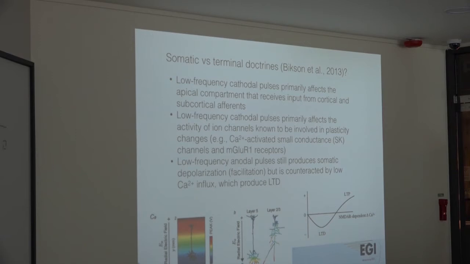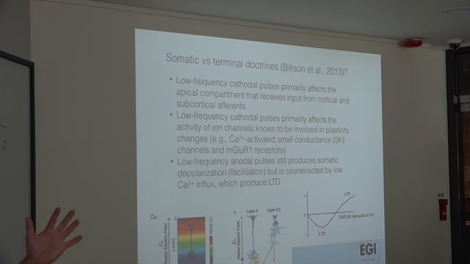The somatic doctrine really says that the net effect of tDCS depends on what the polarity is, whether it's hyperpolarized or depolarized at the body of the cell. Okay, that's that model I showed you at first. Anodal, excitatory, cathodal, inhibitory. It's because when you measure it across the cell, that's consistent with what happens at the cell body. Okay, but we know that the terminals must be important.